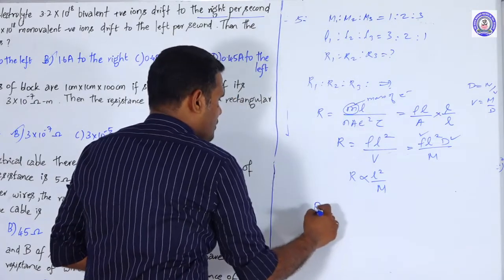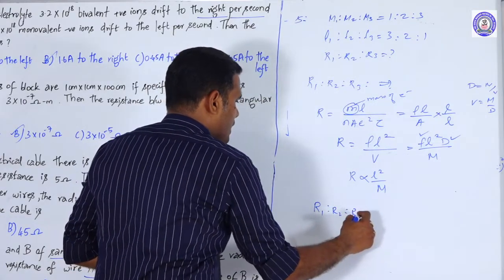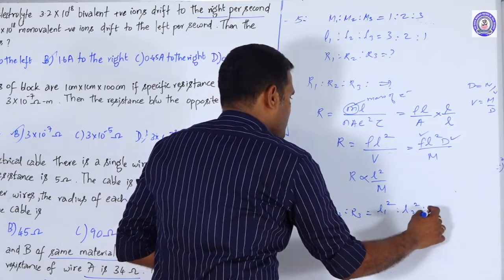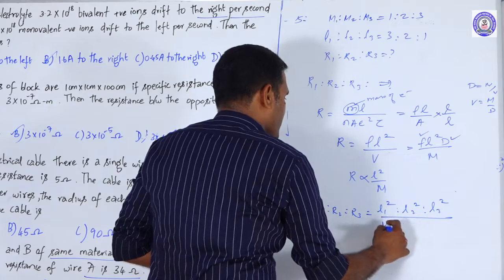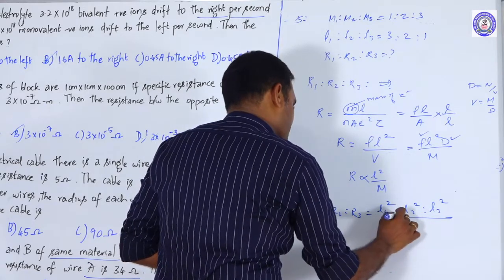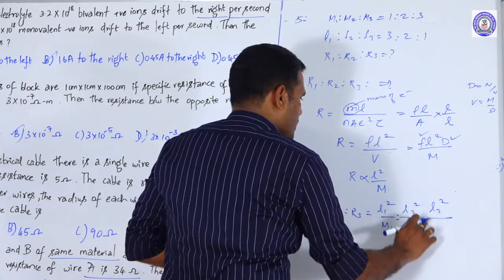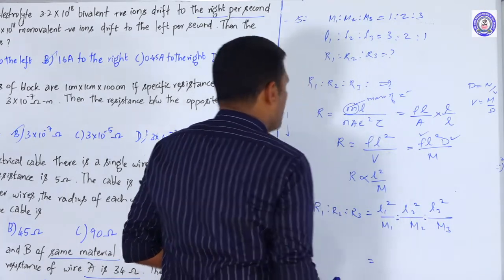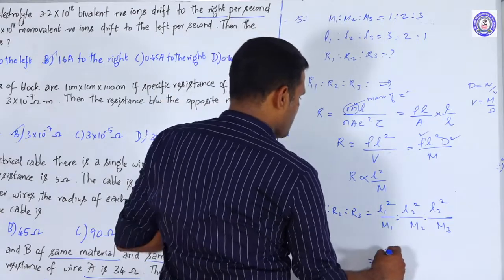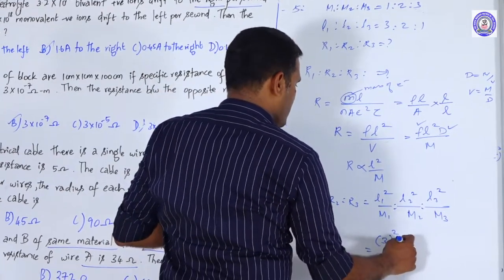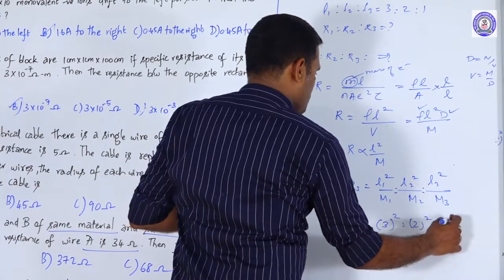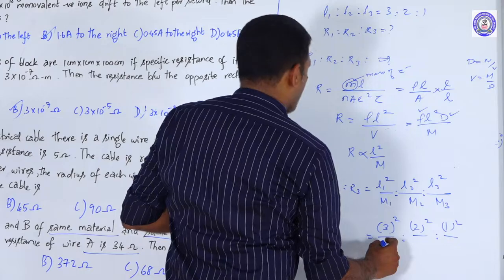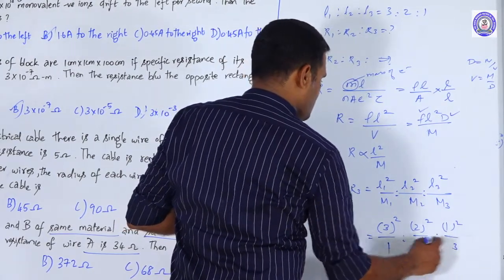Now, if you write the ratio R1:R2:R3, it is L1 square by M1, L2 square by M2, L3 square by M3. The length ratio is 3:2:1, so 3 square, 2 square, 1 square, divided by mass ratio 1:2:3.